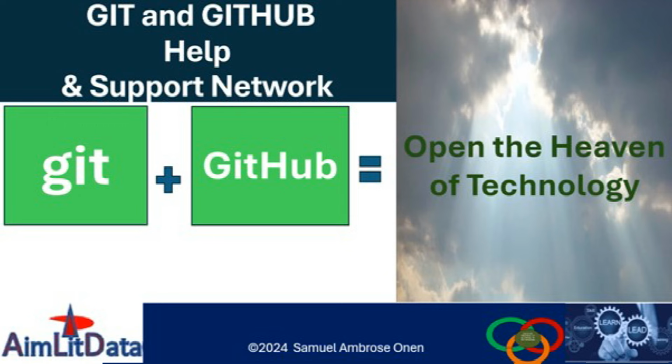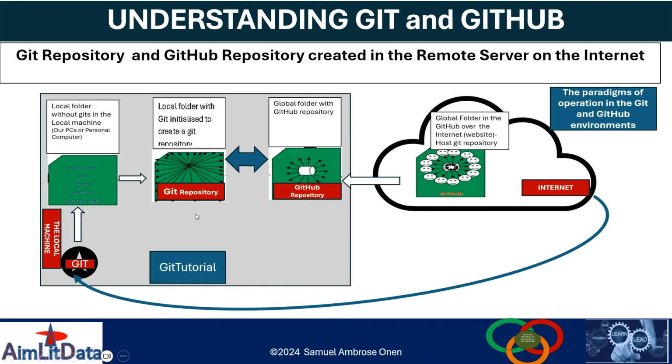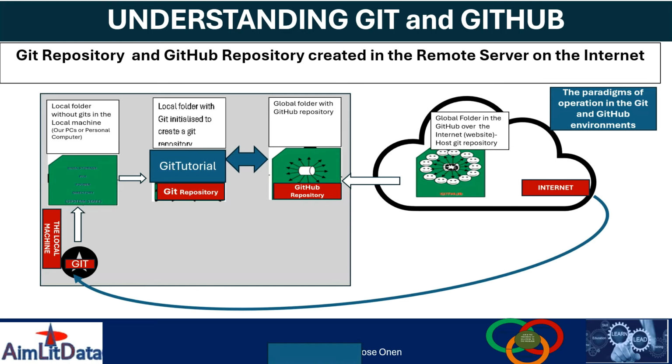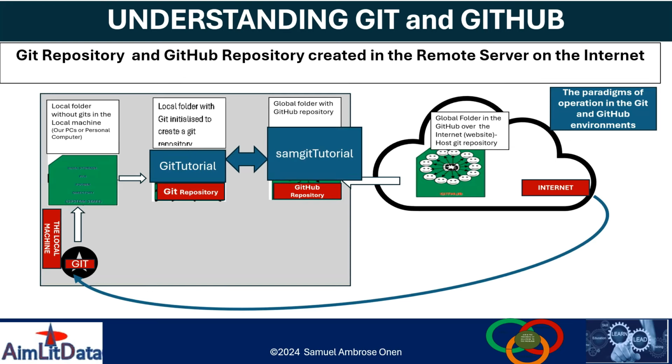So we are going to just walk through what we've done so far. We did create a Git repository, and then we did create a GitHub repository. As you can see on the screen there, that is exactly the setup of what we have reconfigured after clearing everything. So that is absolutely a new setup.